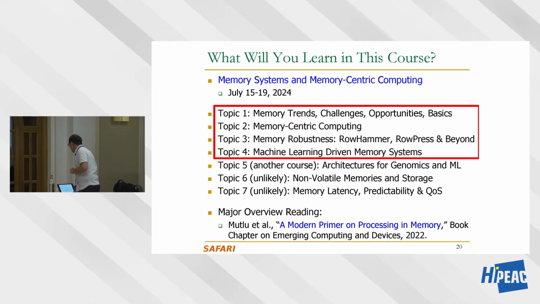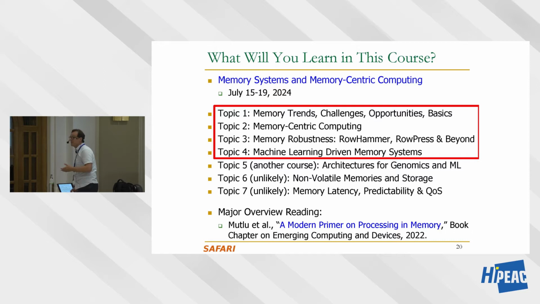Okay, tomorrow I hope to cover memory-centric computing. It may take multiple lectures or multiple pieces of lectures, and then we're going to talk about memory robustness, and then hopefully, if time permits, we're going to talk about using machine learning to drive the design of memory systems. This doesn't mean that these are all the topics that are important. For another course, we could have architectures for genomics, for example, which we will briefly talk about.